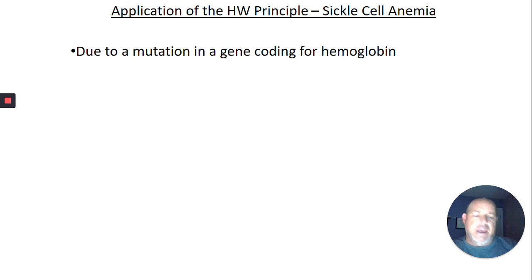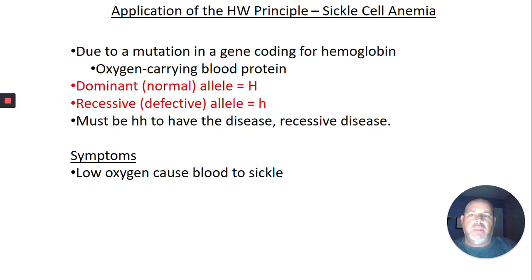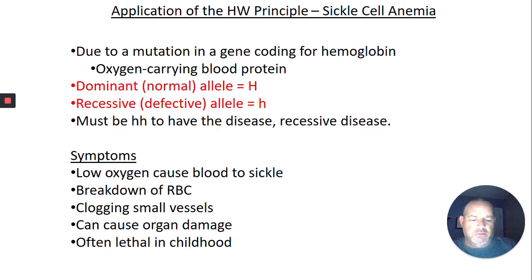So a little quick application here. A lot of you guys have heard about sickle cell. Sickle cell is when you have these crescent moon shaped red blood cells, right? It's due to a mutation in the gene coding for hemoglobin, the oxygen carrying blood protein. Hemoglobin binds the oxygen to our red blood cells.